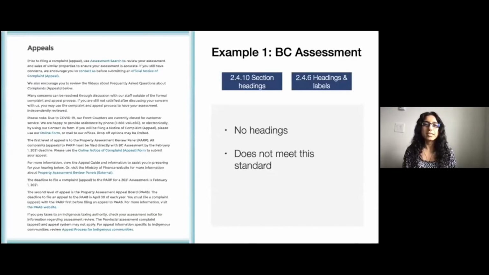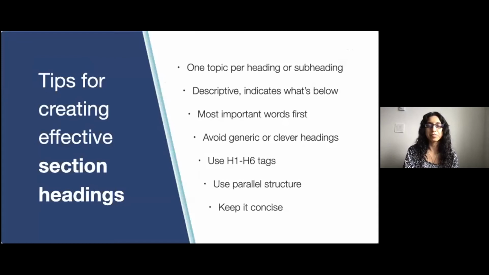So for section headings, since they don't actually have any on this page to begin with, clearly they don't meet this standard. And so let's take a look at some tips on how to create effective section headings. So first, the content should be broken out with one topic per heading or subheading and one idea per paragraph. So that's usually a good rule of thumb. Section headings should be descriptive so that it's clear what the user is actually going to find in the content underneath it.